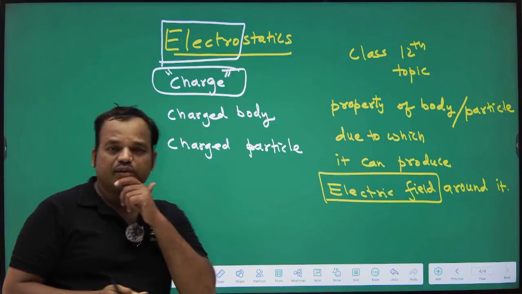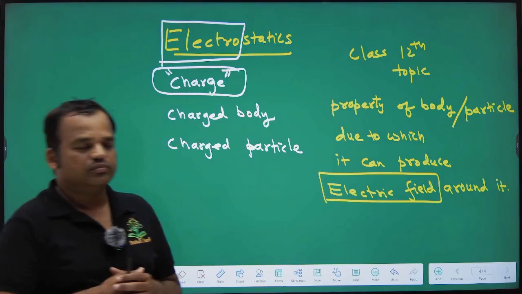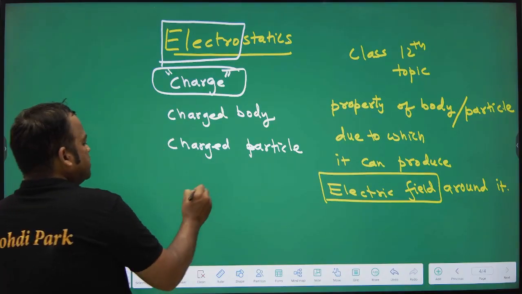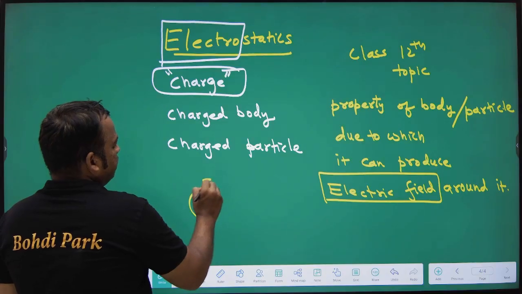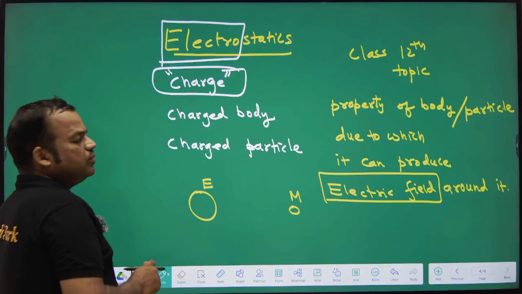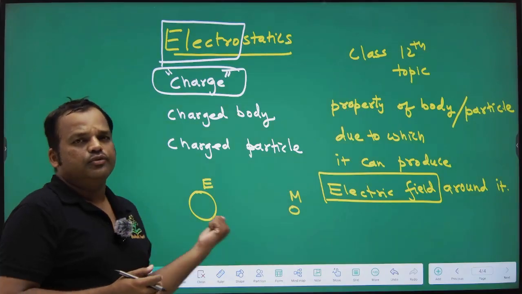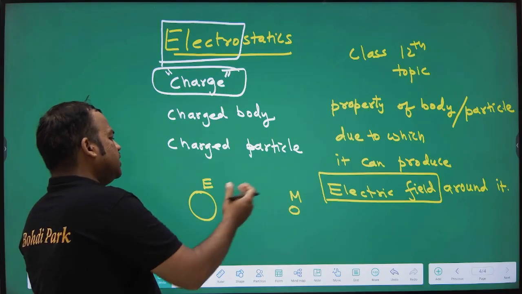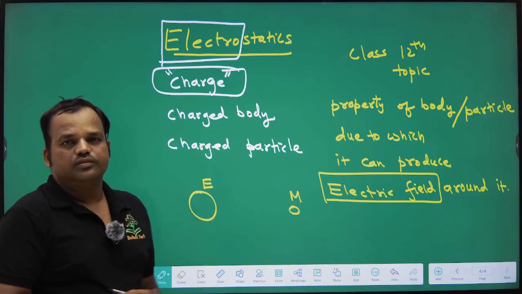Let's understand it by taking the example of gravitation. Suppose I say this is Earth, this is Moon. We say the Earth is attracting the Moon, and the Moon is also attracting the Earth.